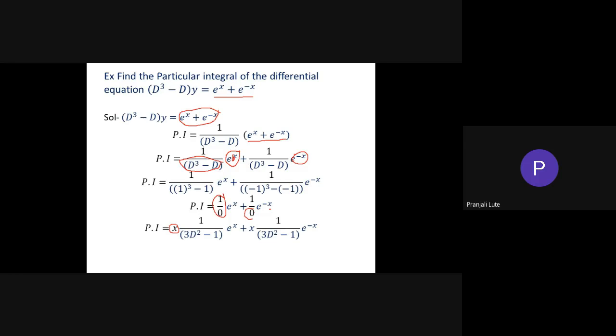Again same thing happens in second term. Denominator equals 0 means answer does not exist. So again multiply by x and take the derivative of this denominator with respect to D. So derivative of D cube is 3D square minus derivative of D is 1.